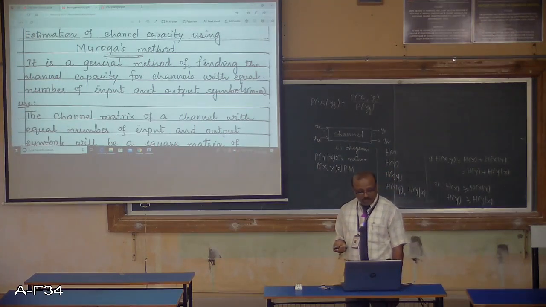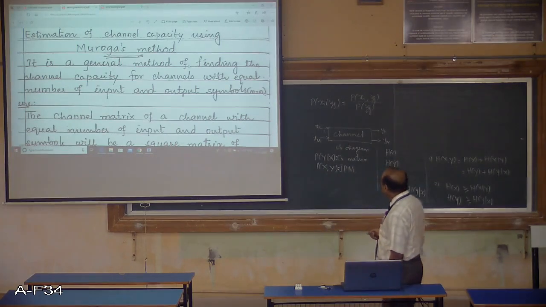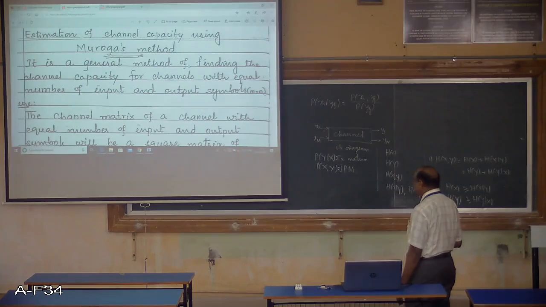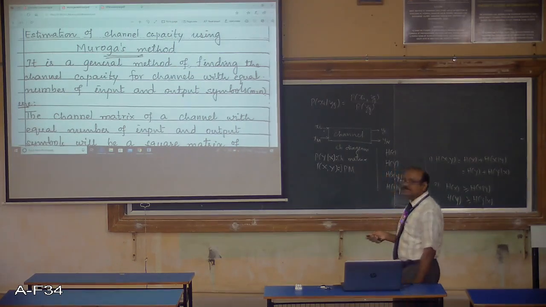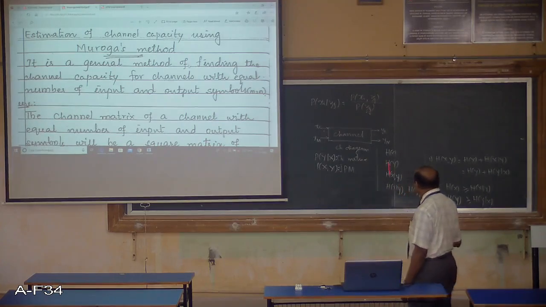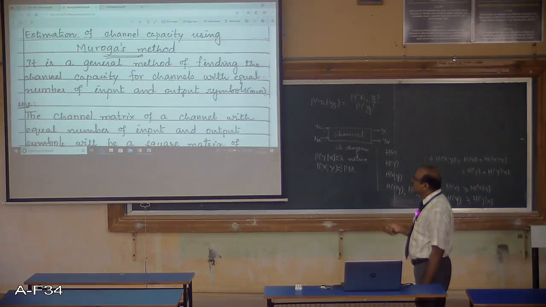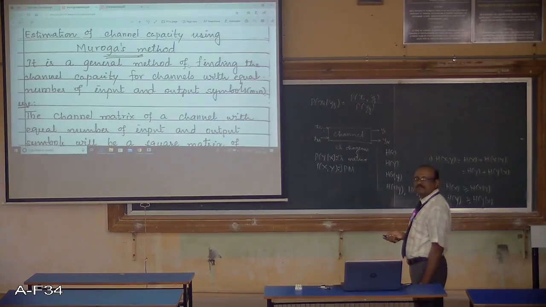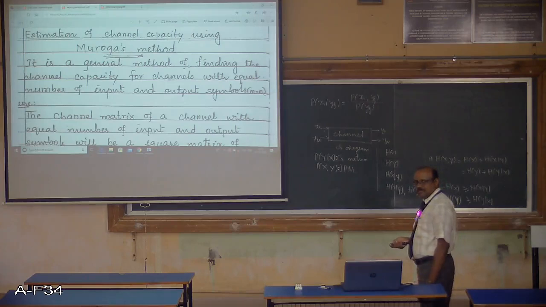We will have a lot of problems on finding all these entropy values, mutual information, channel capacity. Almost every question paper will have problems on calculation of entropy values, mutual information, and channel capacity, in which a particular channel is given either in the form of a diagram or a matrix or JPM.